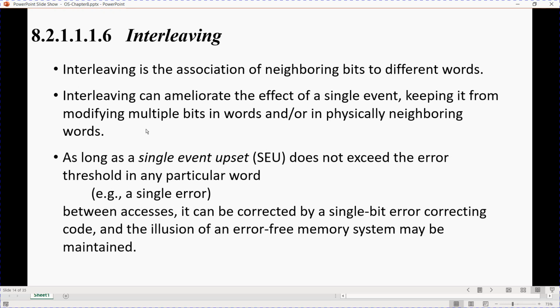That way, such an event is less likely to cause multiple bit errors in the same word. That makes the error bits not only easy to identify, but to locate, and that way to correct them.